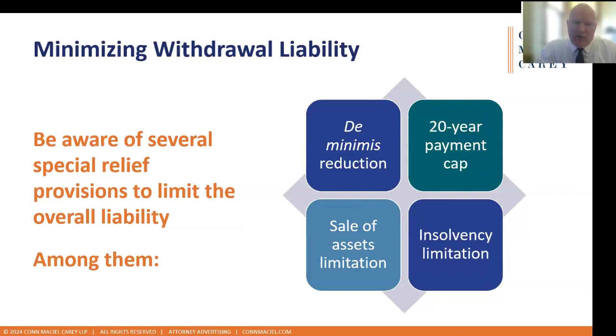The bottom two here, the sale of assets limitation and the insolvency limitation, are both found in ERISA section 4225, which can be something that a lot of employers need to pay attention to, even if they're shutting down and going out of business. I've seen instances where employers just shut down and think, well, I don't have any money, I don't have anything for the fund to come get.